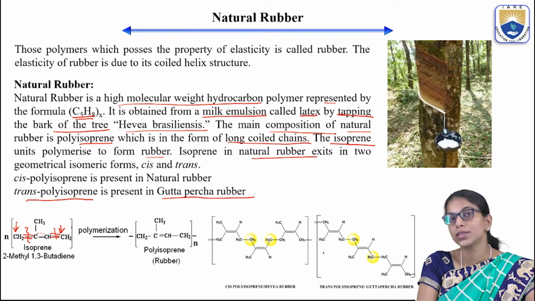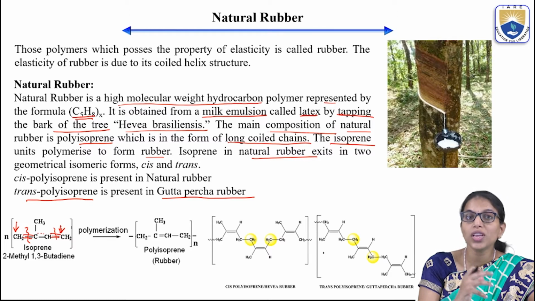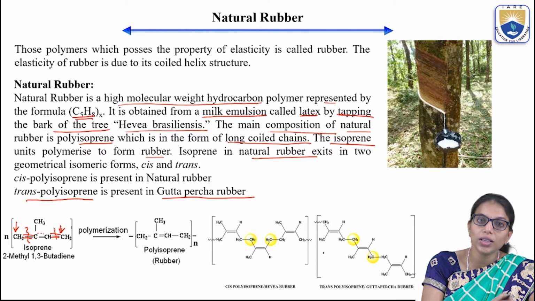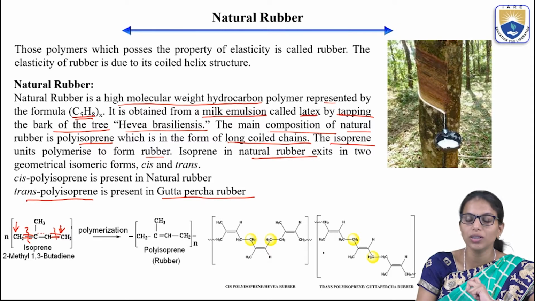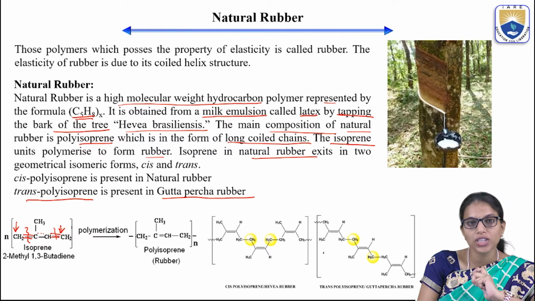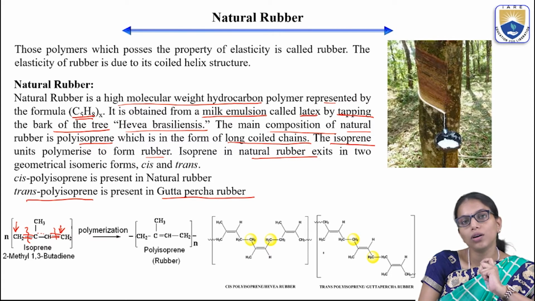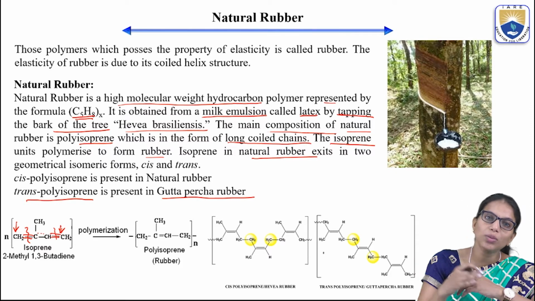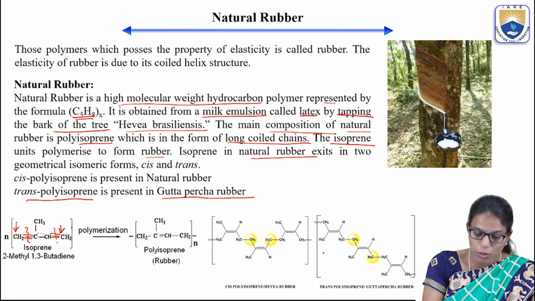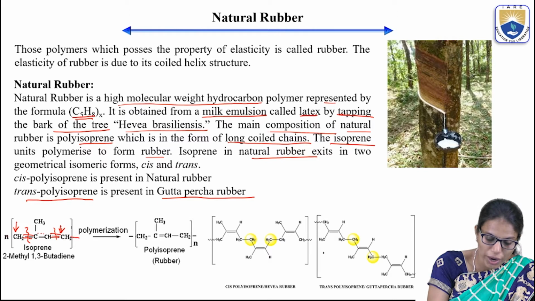I have already discussed these things. What is the meaning of functionalities? It means the position where another material or molecule can bind. We call it a functionality, or the vacant place where any other molecule can bind. So this position is vacant now.